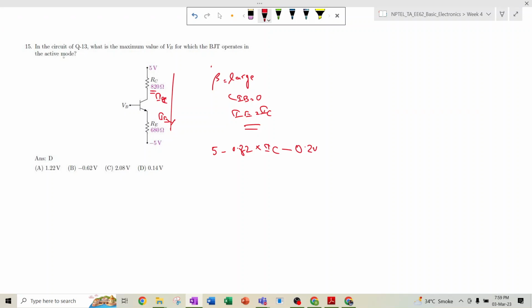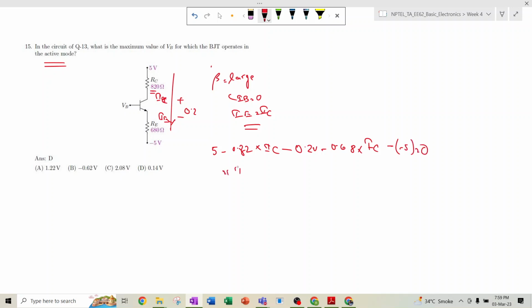This is active mode, so VCE should be at least greater than 0.2 volt. So minus 0.2 volt minus 0.68 into IE, which is the same as IC, minus of minus 5 is equal to 0.